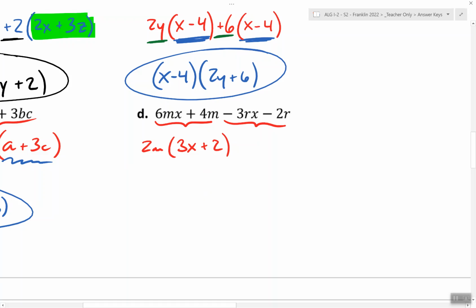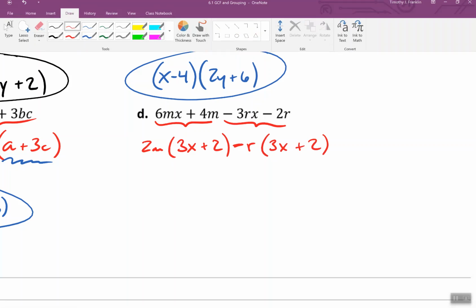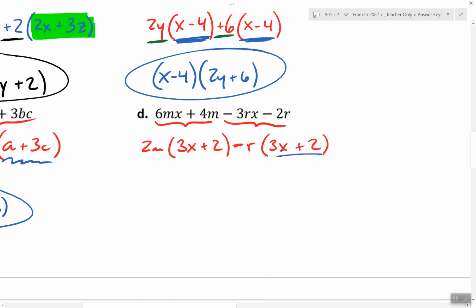So we're going to take out a negative, and it looks like we can take out a negative r from these two. So what's left here is a positive 3x and a positive 2, and that's what we wanted. We wanted that to be positive. So we have 3x plus 2 for our first term, and we've got 2m minus r for the second.